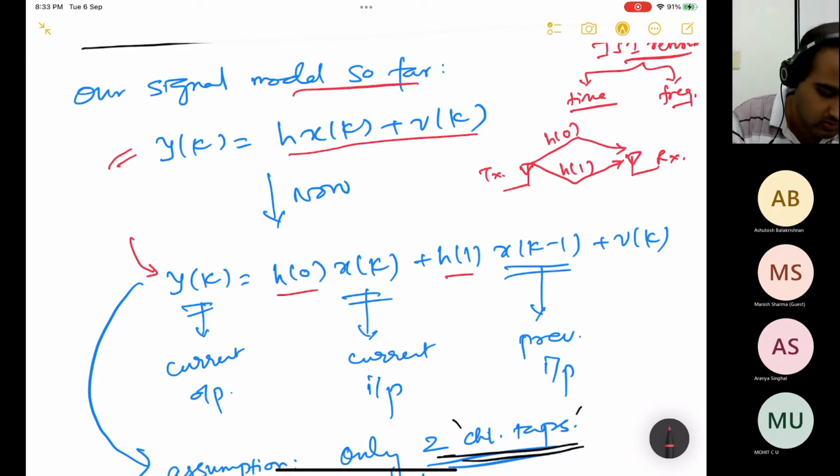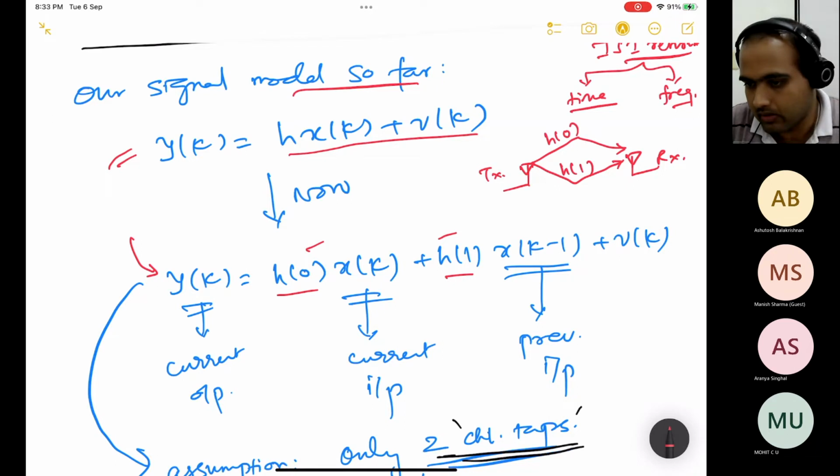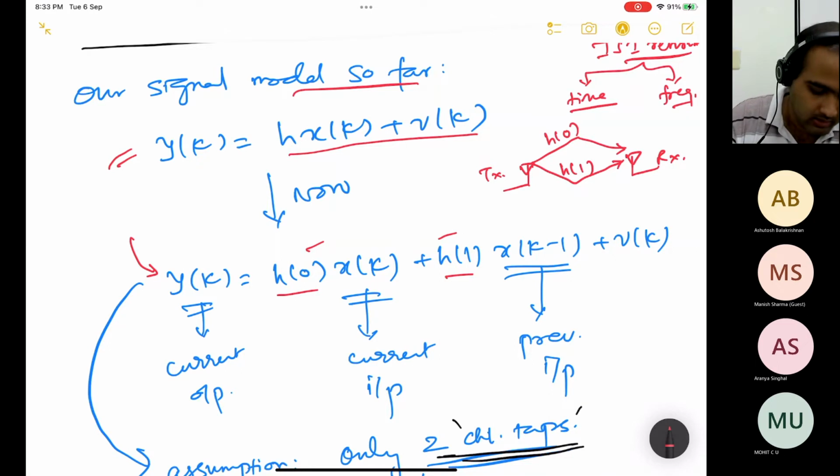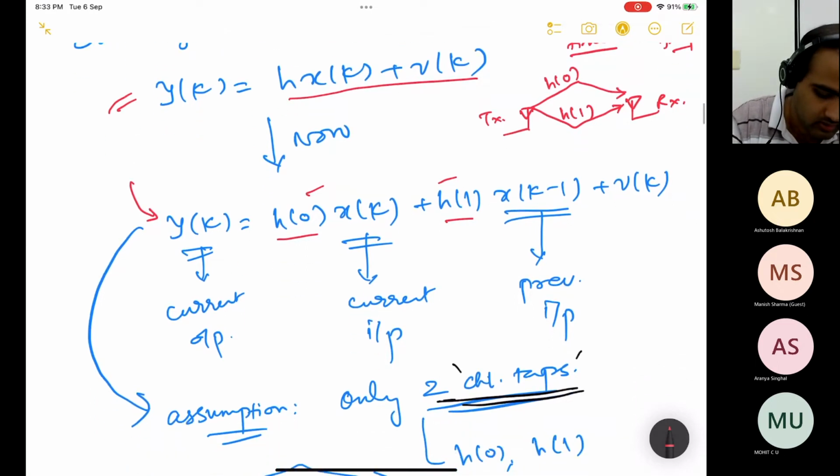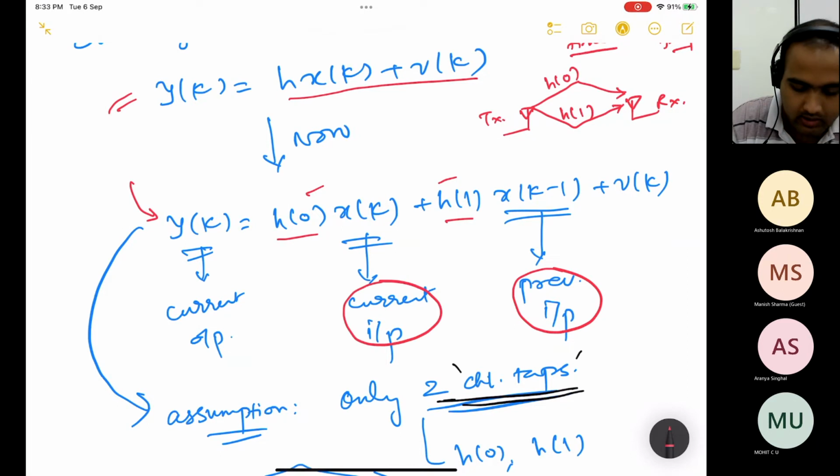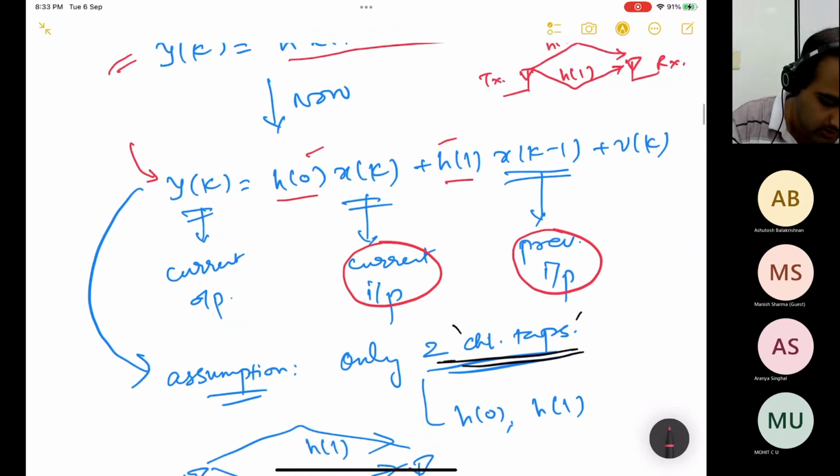At an instant you are receiving xk with H0, and you are receiving a delayed version of the symbol, xk minus 1, with H1. So your previous input and your current input are both getting added together. This is basically interference of the symbol at k minus 1 with the symbol at time k.